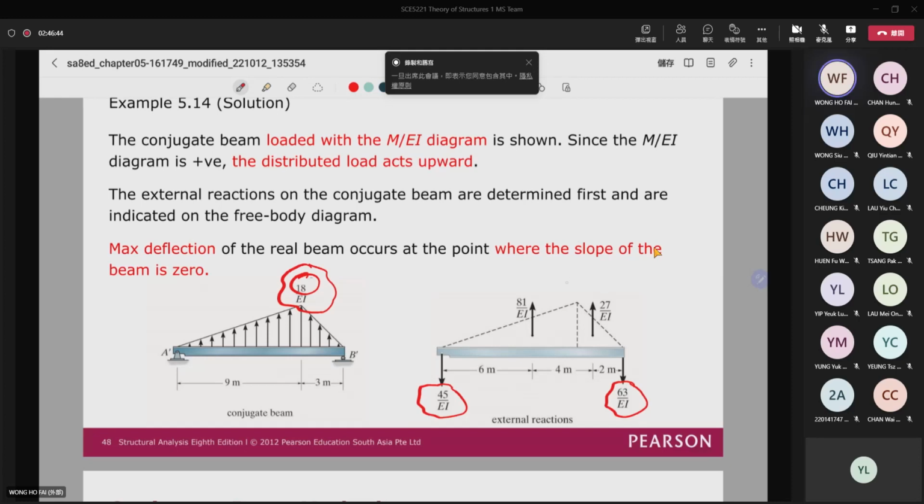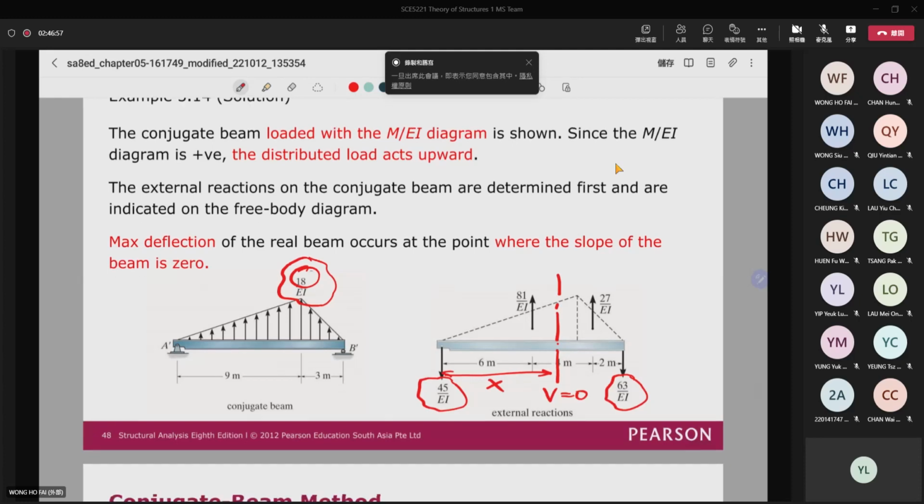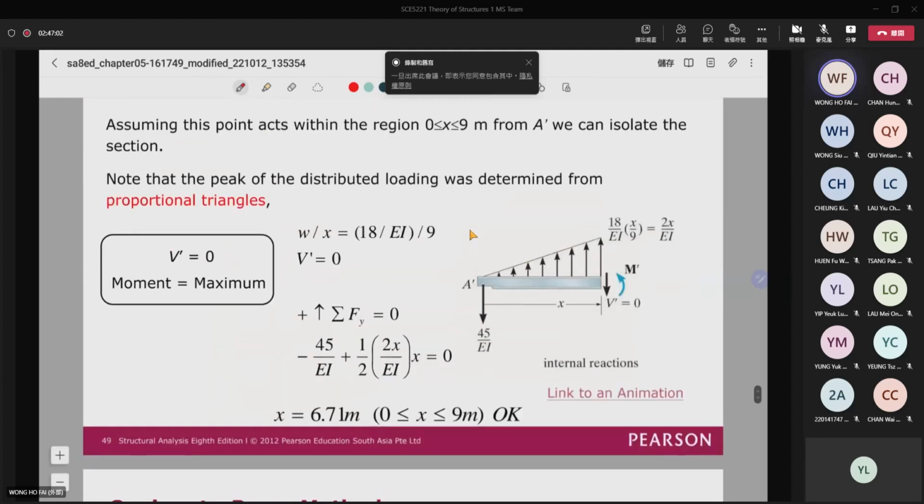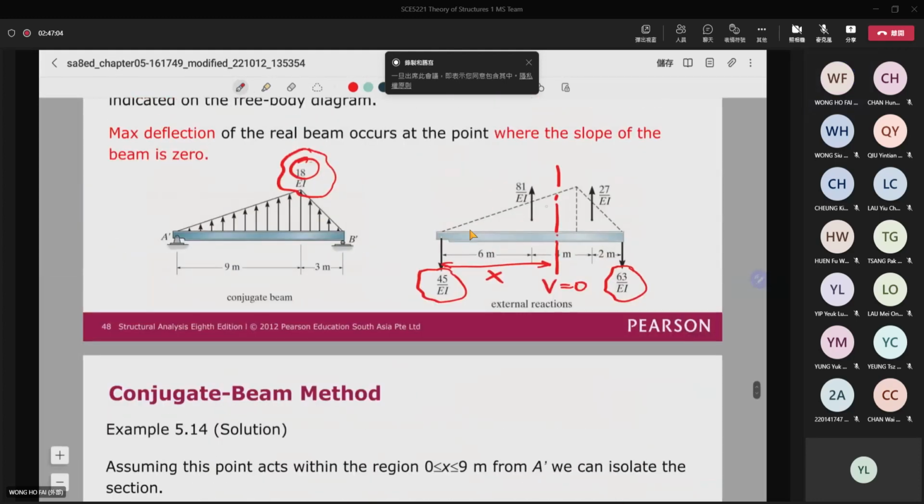So you may imagine that there will be some distance here, then your shear will be equal to 0. So here, how to find where the shear is equal to 0?